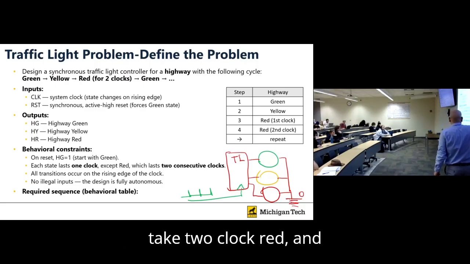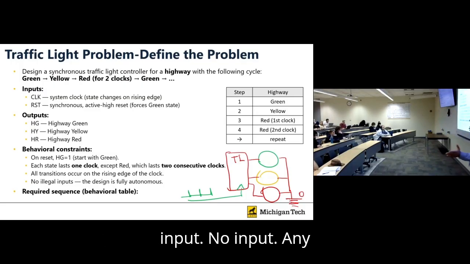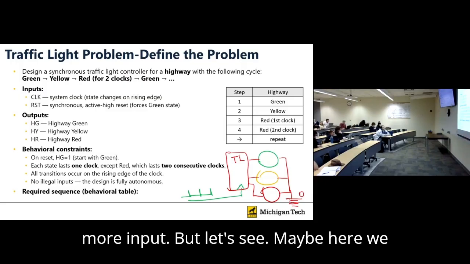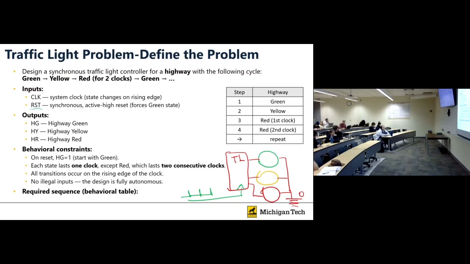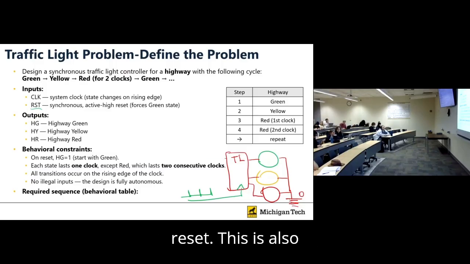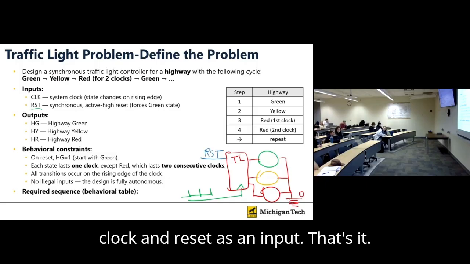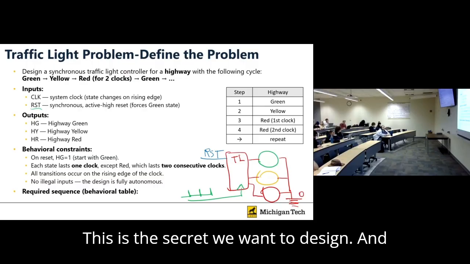Then again turn back. So we don't need any more input. But maybe here we consider another input for resetting, active high. So we have clock and reset as inputs. That's it. This is the circuit we want to design.